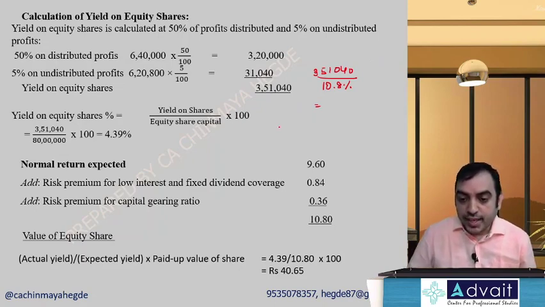So you get 43,88,000, right? This is the value of the company as a whole, the total value of equity.